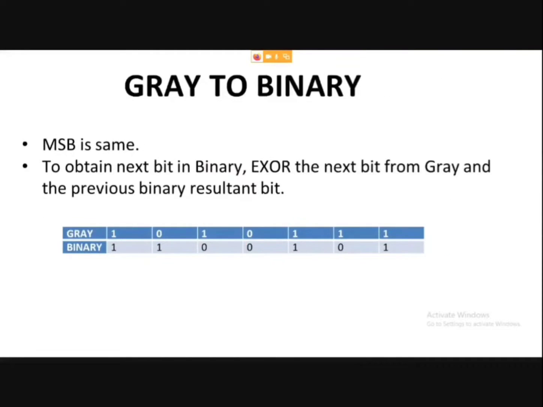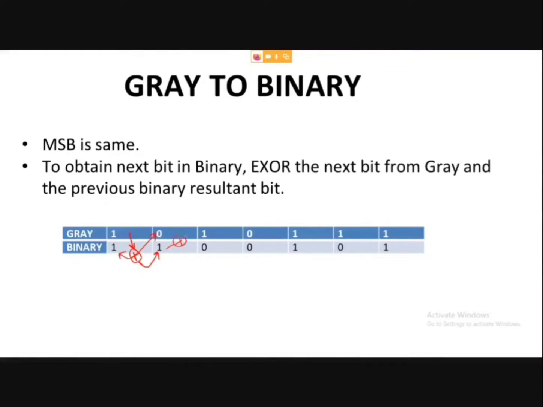And for gray to binary conversion, the rule is a little bit complex, but we can understand this very easily. MSB is again the same. Now if I want to obtain the next bit in binary from the gray number, I will be using XOR of this and this. If I perform XOR of these two numbers and write it here, 1 and 0 XOR is 1.